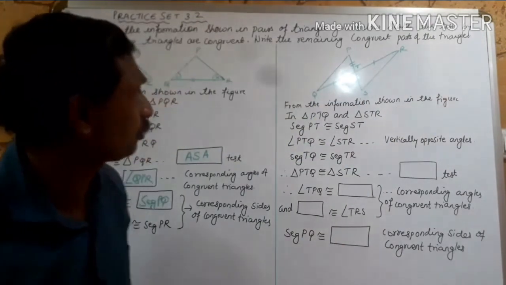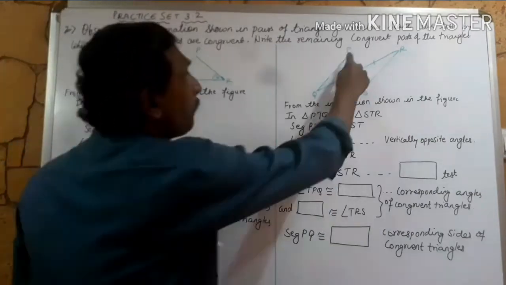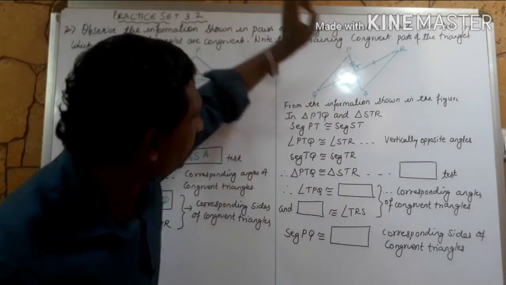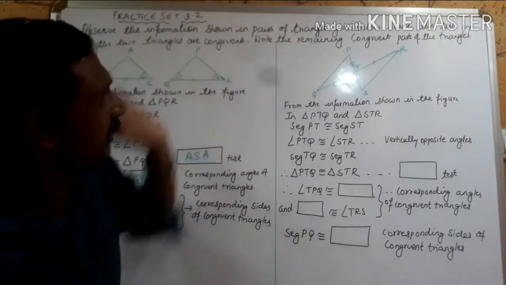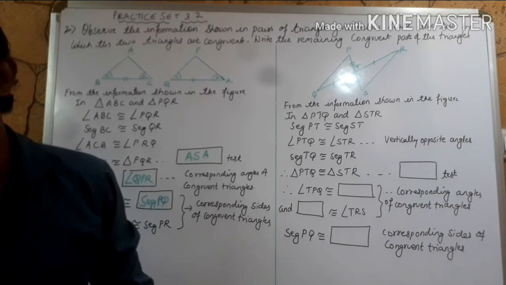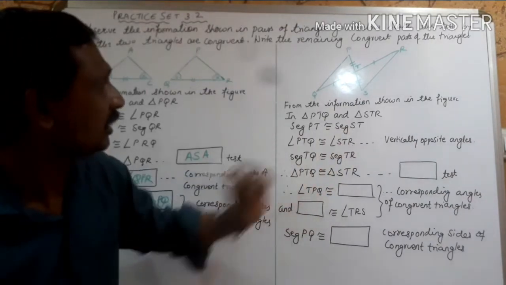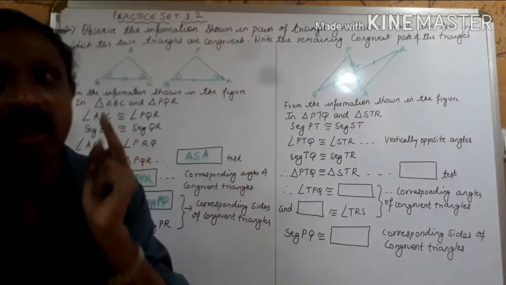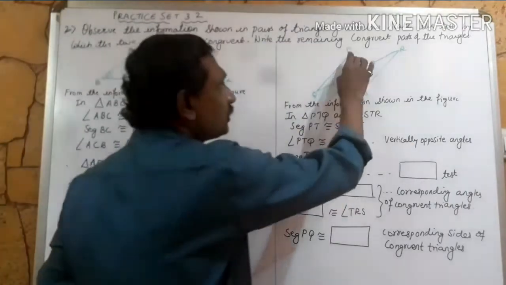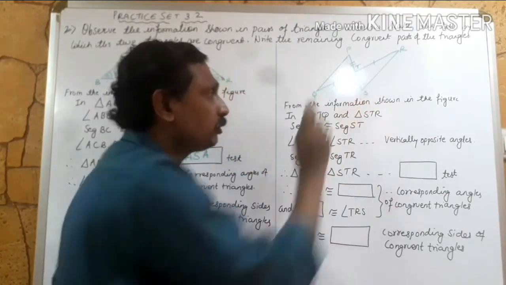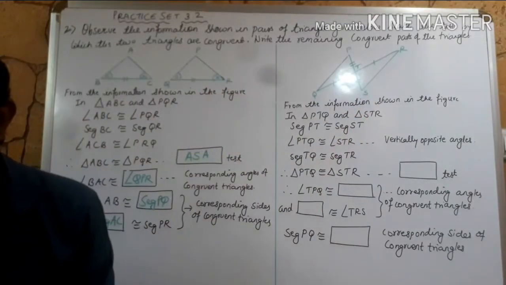Let's look at the second one. From the information shown in the figure, in triangle PTQ and triangle STR, segment PT congruent to segment ST, angle PTQ congruent to angle STR. Why? Because they are vertically opposite angles. You see this side congruent to this side, this angle congruent to this angle, vertically opposite angles, and this side congruent to this side.